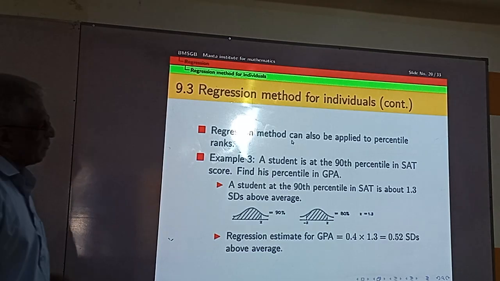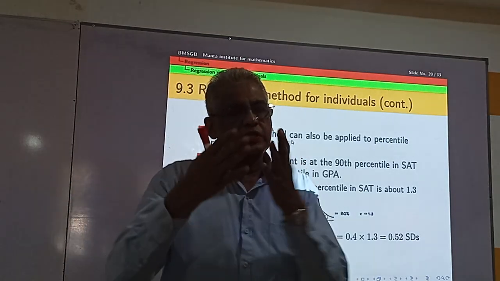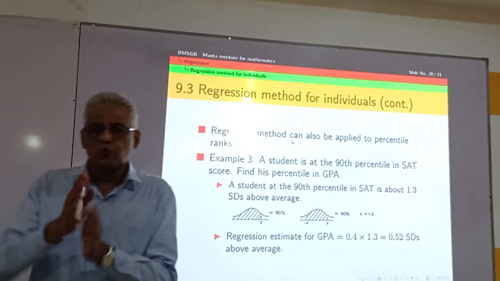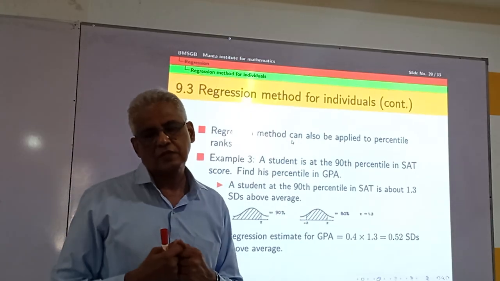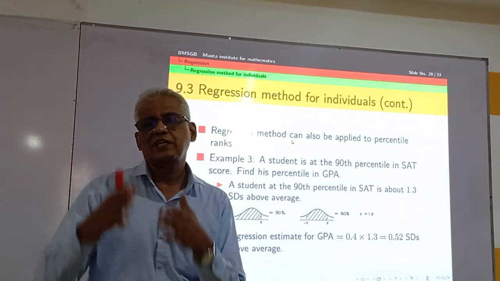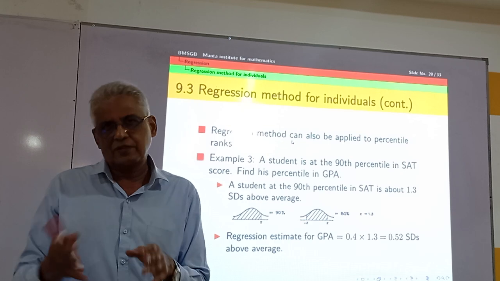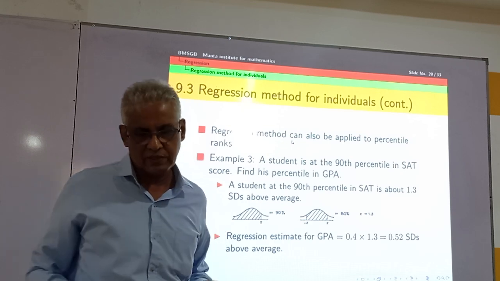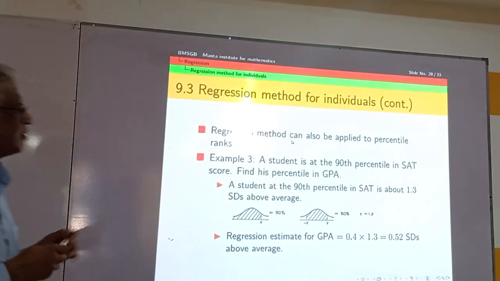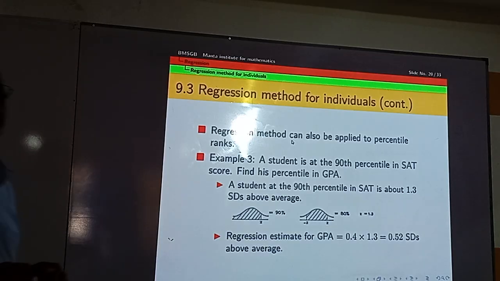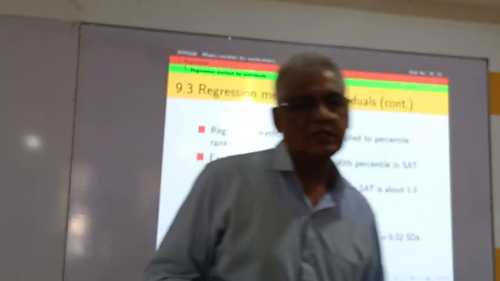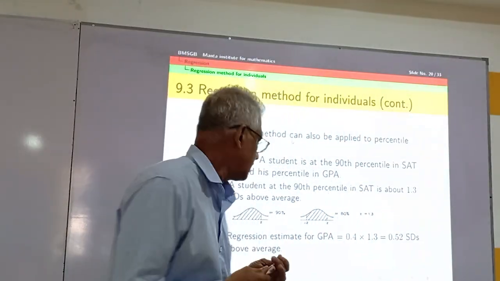Okay, so we can estimate the average Y value for a given X. We can estimate the individual Y value for a given X using the same method. In addition to that, we can also estimate percentiles.